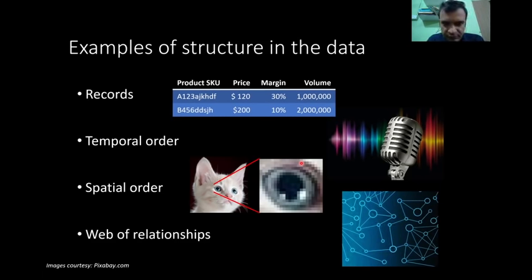Another type of relationship between different parts of the data is a web of relationships. This is akin to things like social networks. Each node that you see, each circle, could be a person, and each edge that you see is their connection to another person, such as they follow that person, or they're being followed by that person, or they are friends with that person on social media.